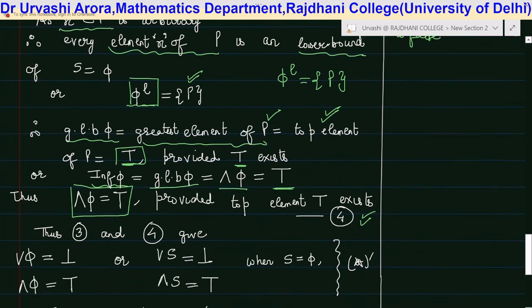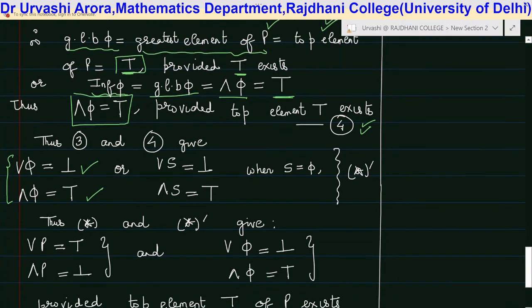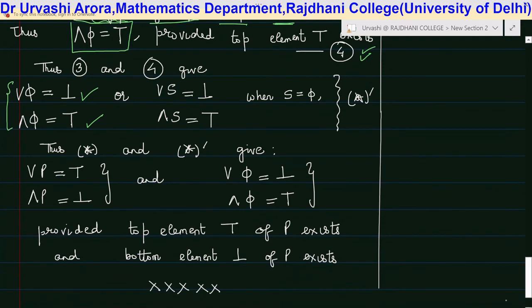So there are 2 more conclusions that we have for the empty set: the join of phi is the bottom element, and the meet of phi is the top element, provided the bottom element and the top element of the poset P exist. So 4 conclusions in all in this article. If we are interested in finding the join of P or the meet of P, then the join of P will be given by the top element, and the meet of P will be given by the bottom element.